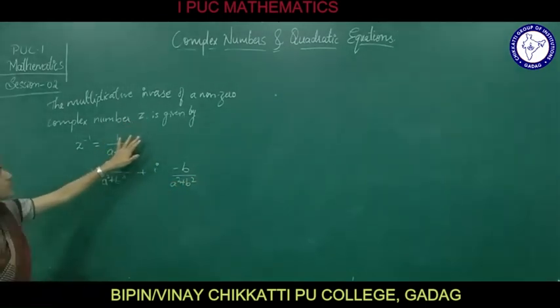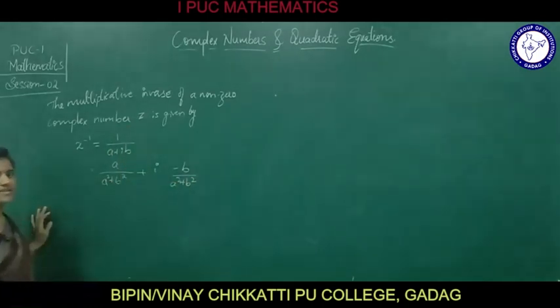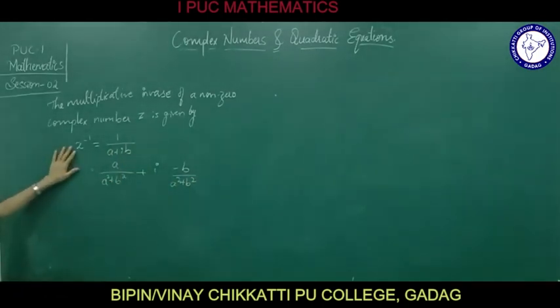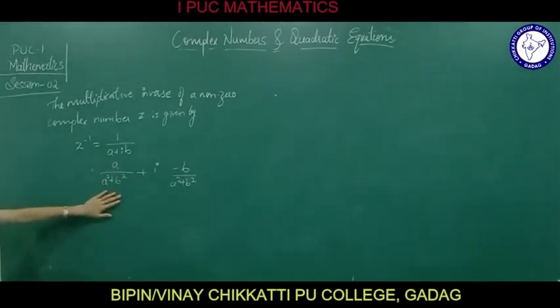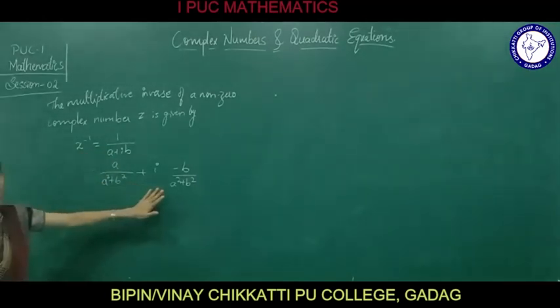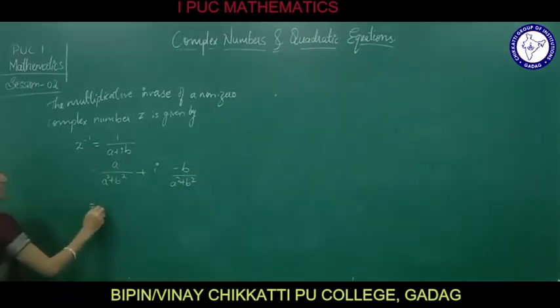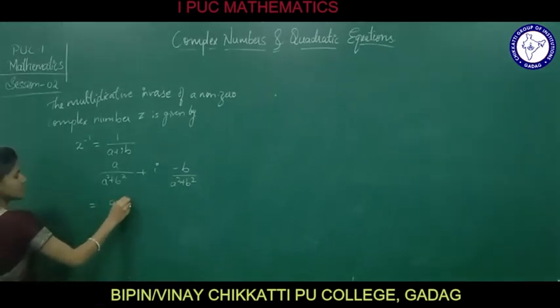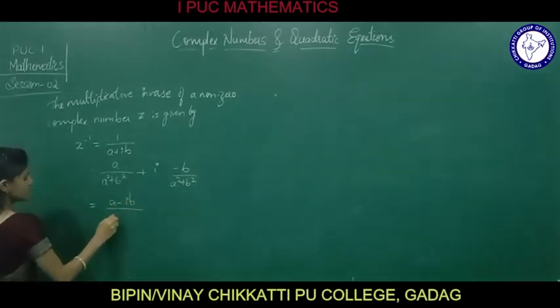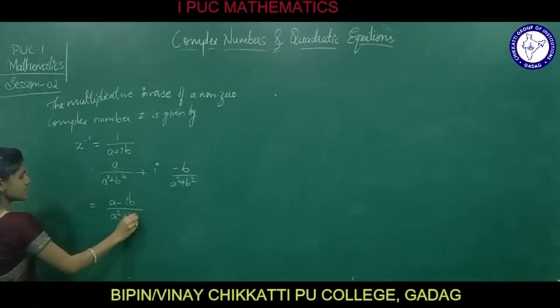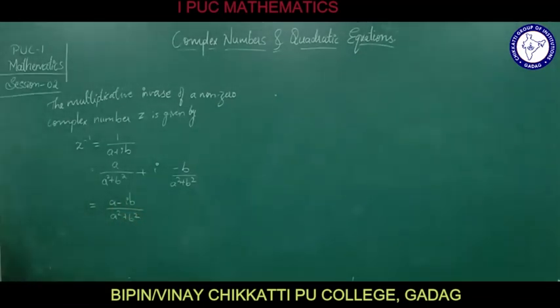Z inverse is equal to 1 divided by a plus ib, nothing but a divided by a square plus b square plus i into minus b divided by a square plus b square. On simplifying, how will I get a minus ib divided by a square plus b square.